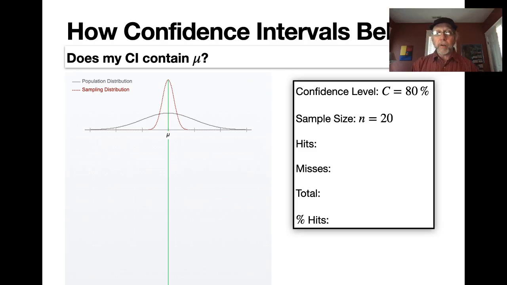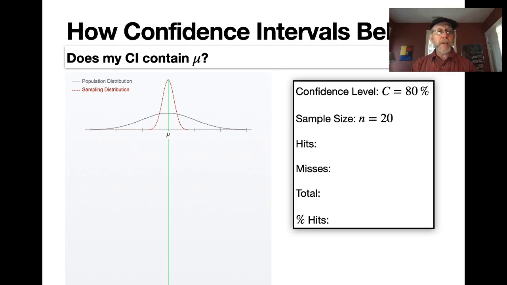And you can tell whether the particular sample and the particular X bar that came from it result in a confidence interval that contained mu just by seeing whether that interval intersects the green vertical line there, which is the position of mu in the distributions.